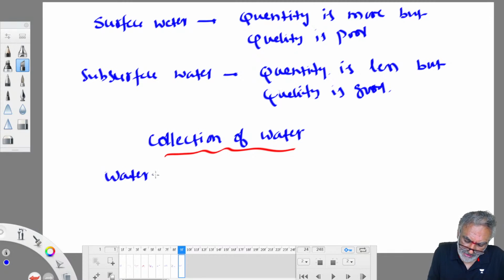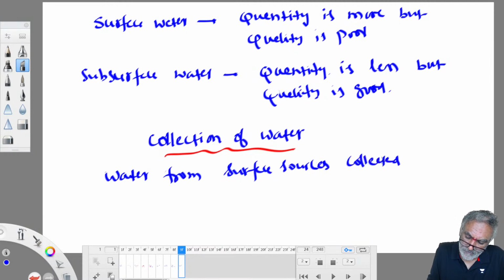Water from surface sources is collected from intakes. So intakes are the means of collecting water from surface water bodies. Without intake, it is not possible.